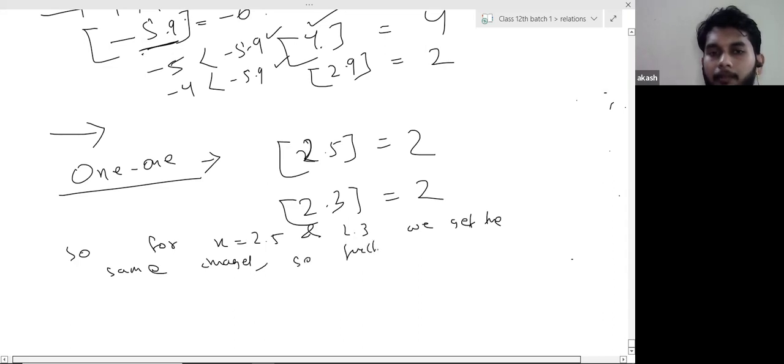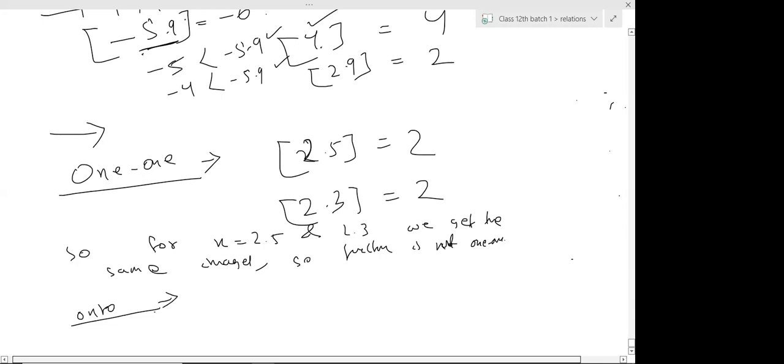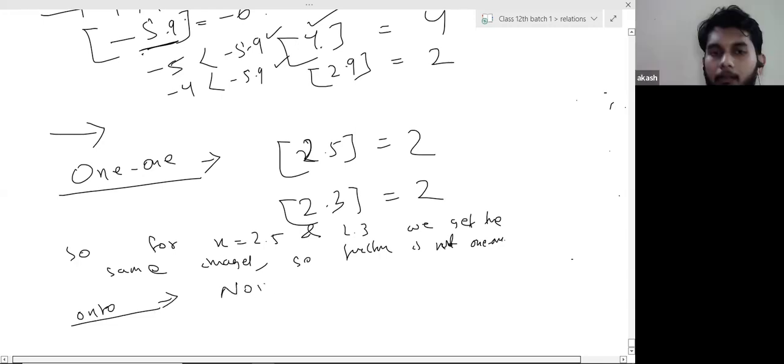So the function is not one-one. And what about onto? Non-integral values do not have any pre-images.